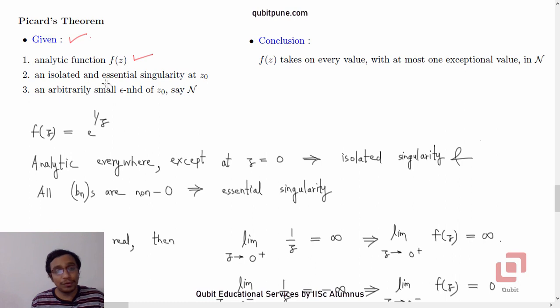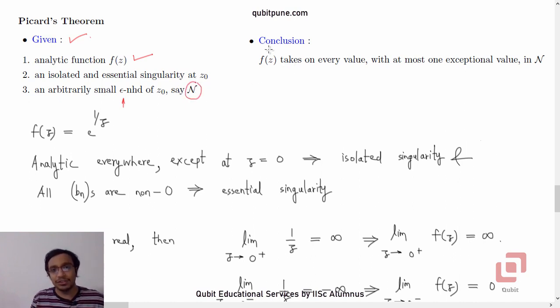It must also be essential, meaning the Laurent series expansion of f of z about z naught should have infinitely many terms in the singular part, or the principal part. Third, we consider an arbitrarily small epsilon neighborhood of z naught. Epsilon is the radius, and let us call the neighborhood N.